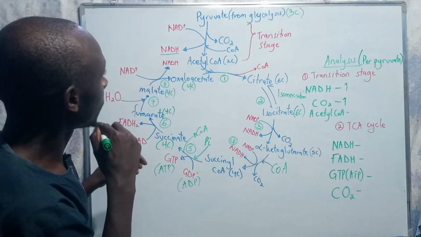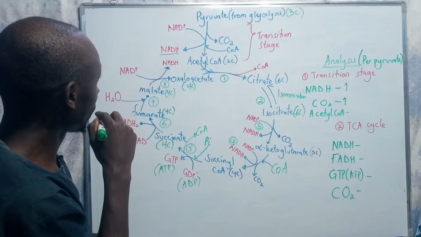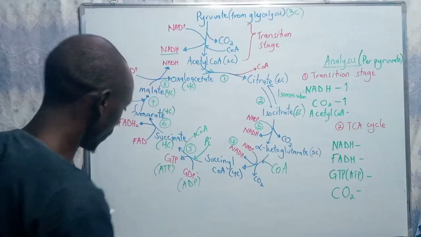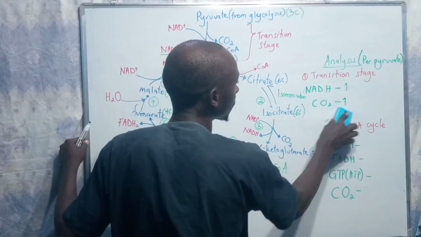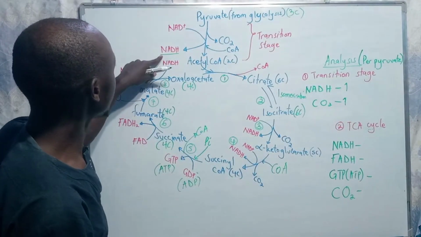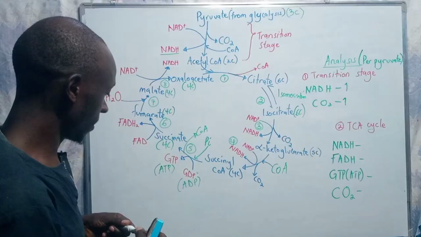In fact, at that stage, acetyl coenzyme A is just added to the acetyl group. So we shall not have acetyl coenzyme A being formed at that stage. So we have seen reduced NAD and carbon dioxide being formed at that stage.